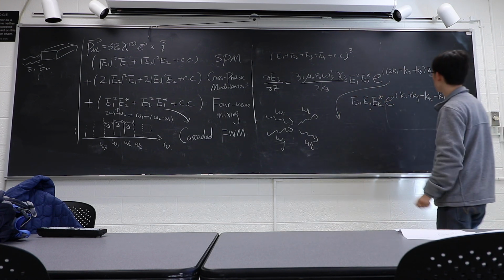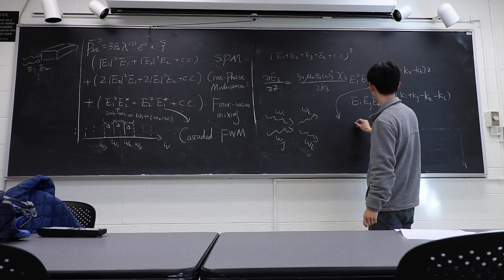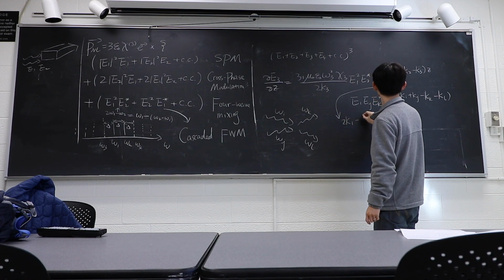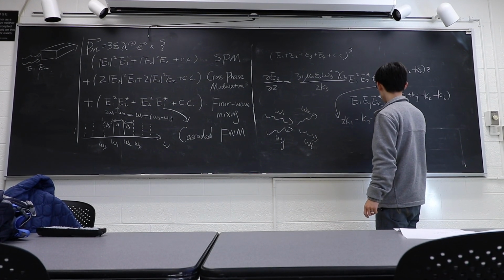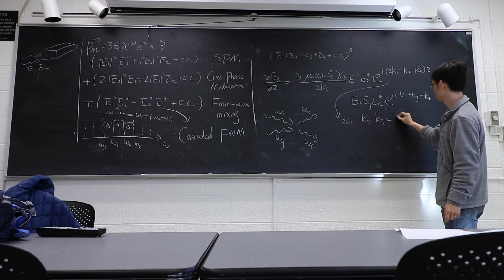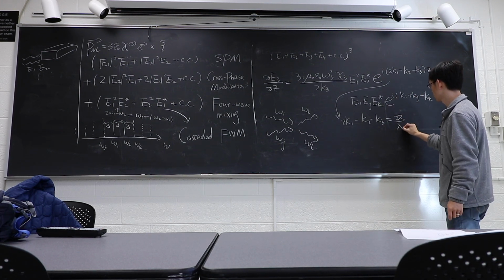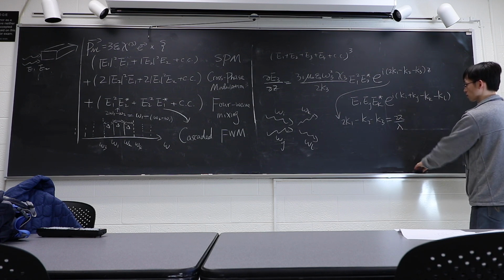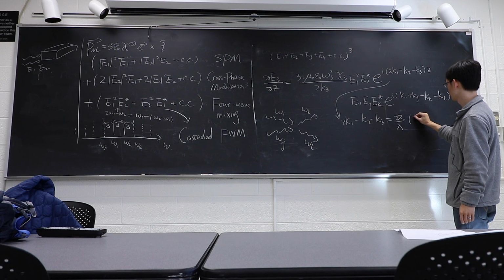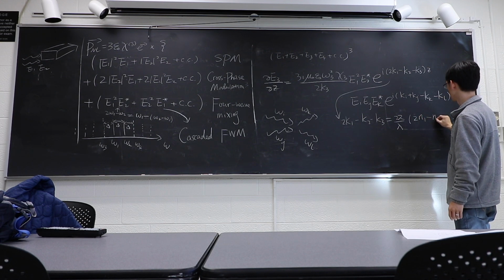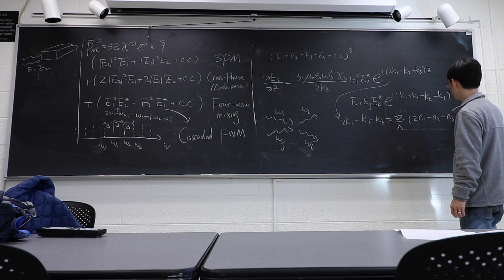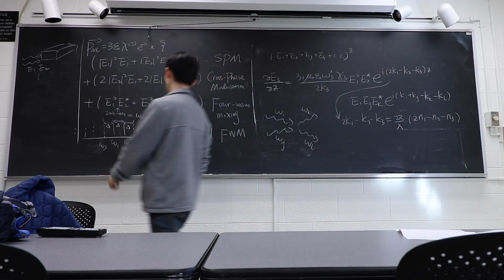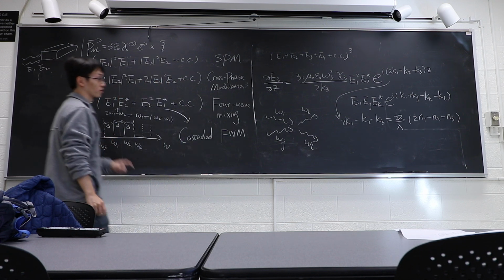We would have K1, K2, K3 equals 2 pi over lambda times 2n1 minus n2 minus n3, with omega 1, omega 2, omega 3.